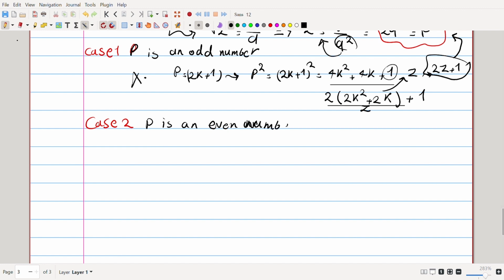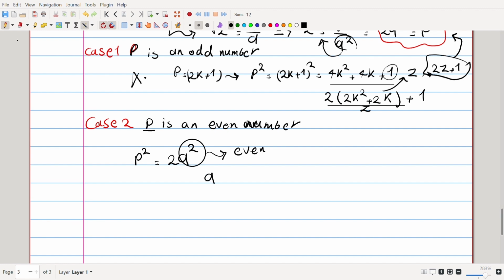Well, if p is an even number, then p squared must have an even number of 2s in its factorization. So from p squared equals 2q squared, this means that q squared must be even. So q squared is even, and if q squared is even, so is q.